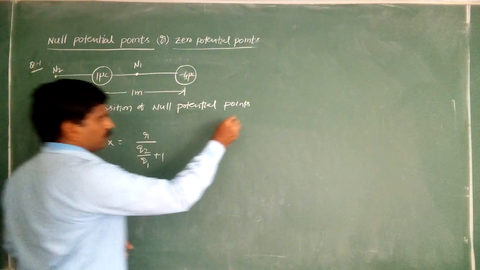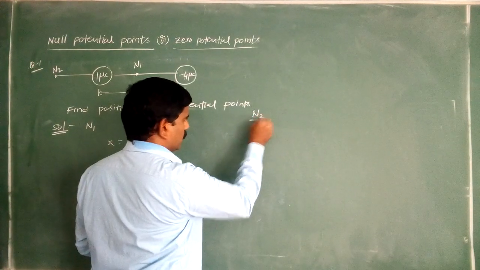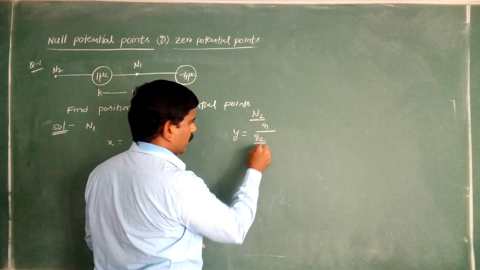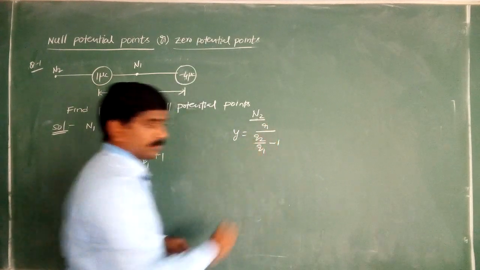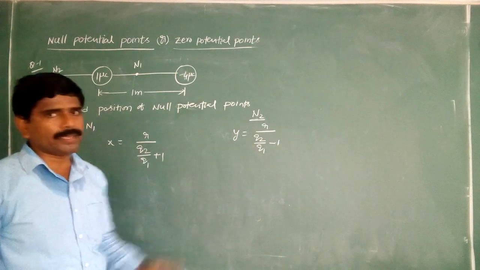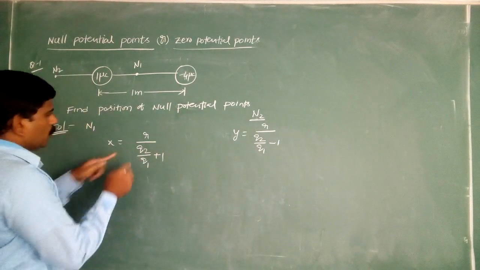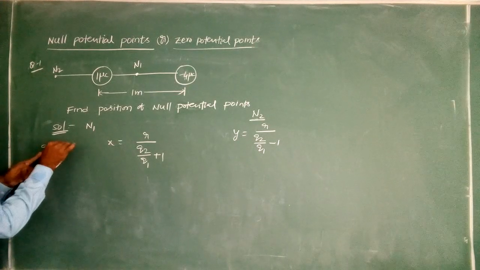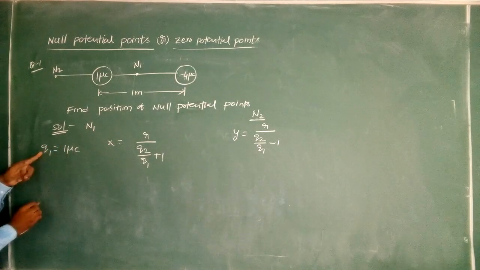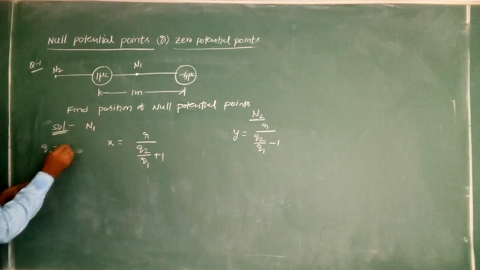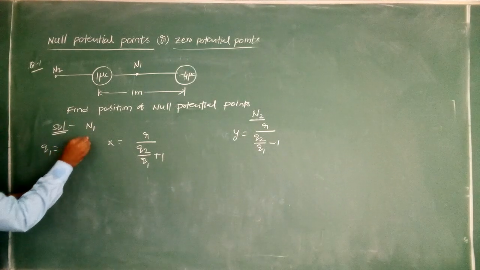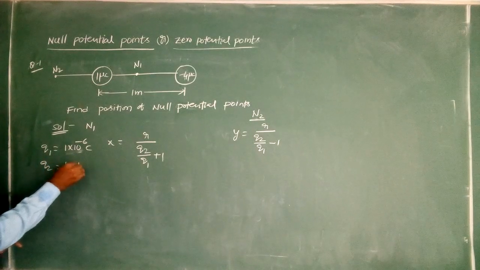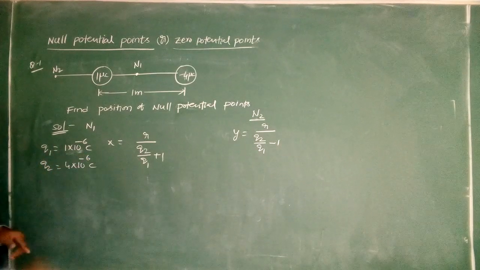For N2 we take y equal to R by (Q2 by Q1 minus 1). Here Q1 is 1 microcoulomb, that is 1 into 10 to the power minus 6 coulombs, and Q2 is 4 into 10 to the power minus 6 coulombs.